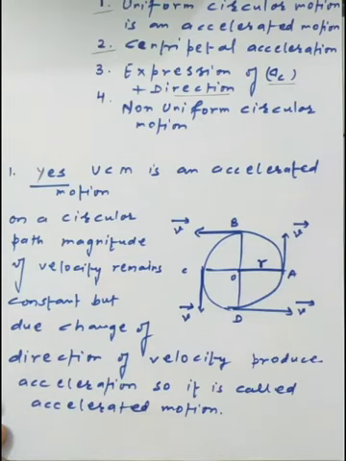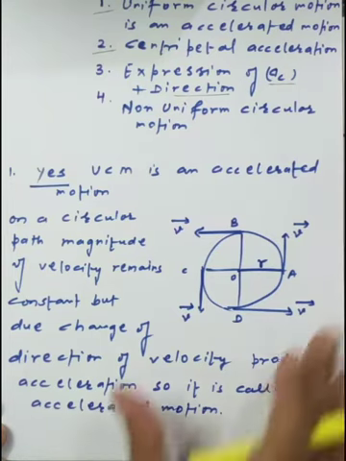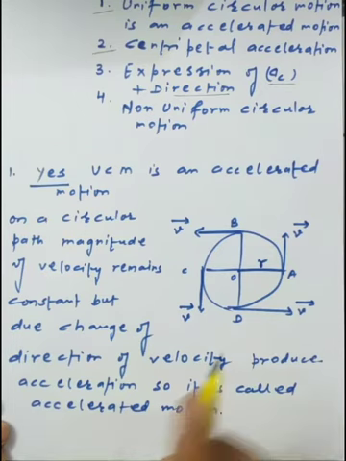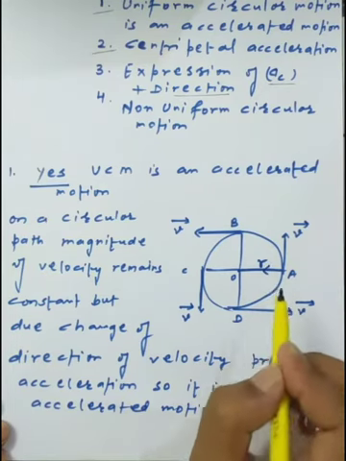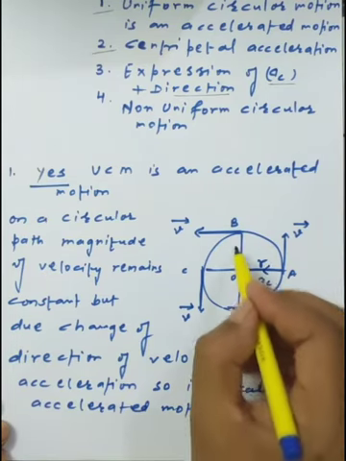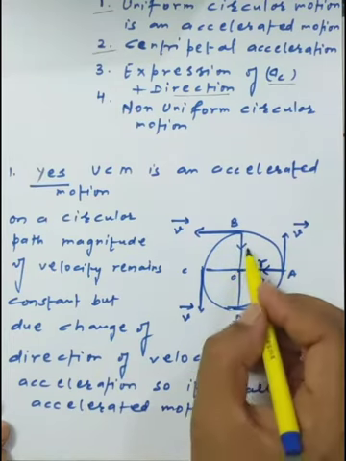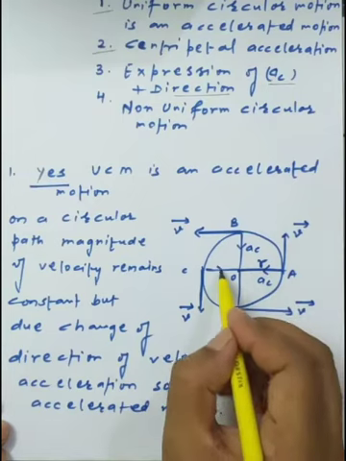Now we have the concept of the centripetal acceleration. Whenever the object is moving on a circular path, the necessary acceleration which develops, which acts towards the center and along the radius due to the change in velocity with respect to time, is called the centripetal acceleration.